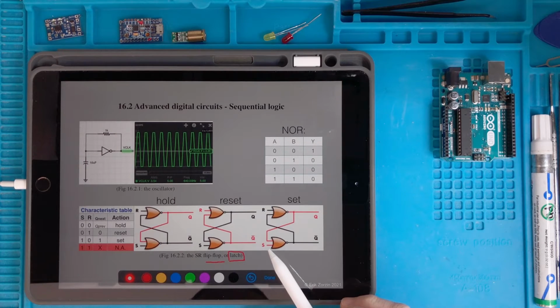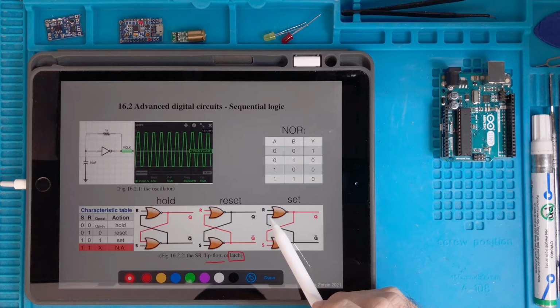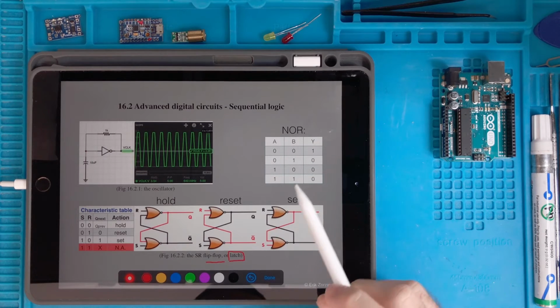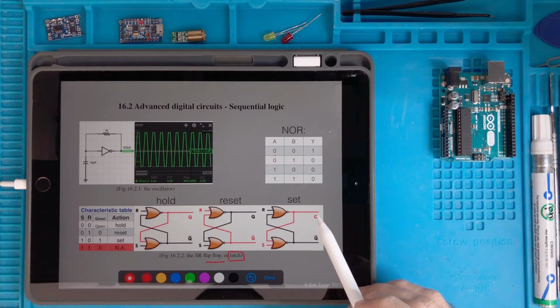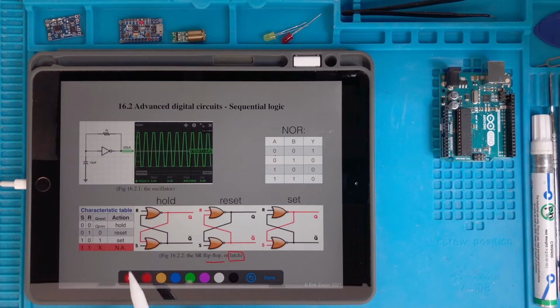Again, if the set is 1, so if one input is 1, no matter the other, the output is 0, and here we have a 0, and then 0 and 0 makes 1, which is 1 here at the output. So from this condition, now we have that the set input produced a 1 at the output.